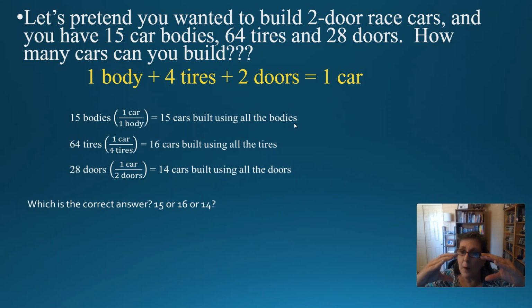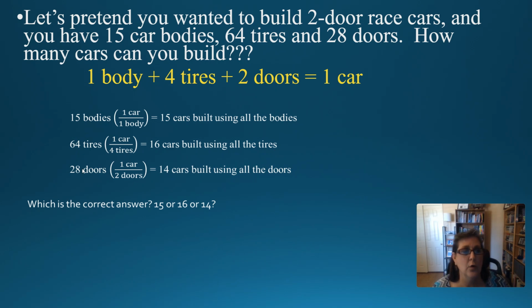Now let's examine the tires. We have 64 tires. How many tires do you need in a car? Four, so it's a 1 car to 4 tires ratio. Tires cancel out, we're left with cars. 64 times 1 divided by 4 is 16. So based on the tires, we can build 16 cars.